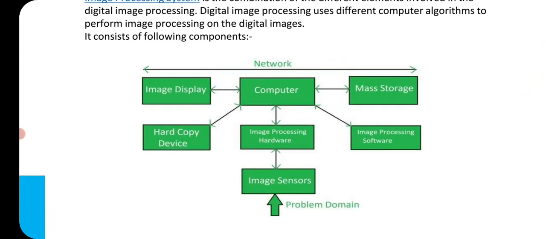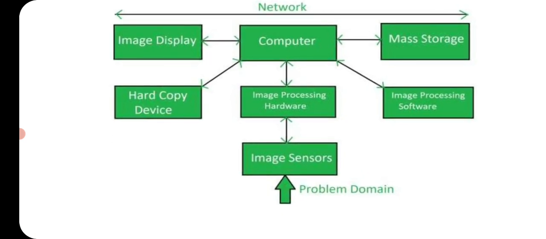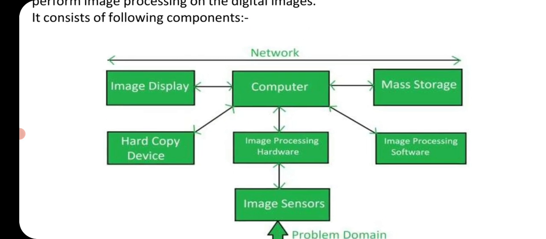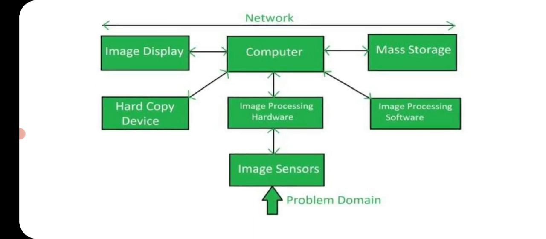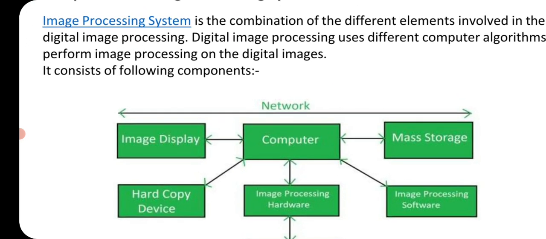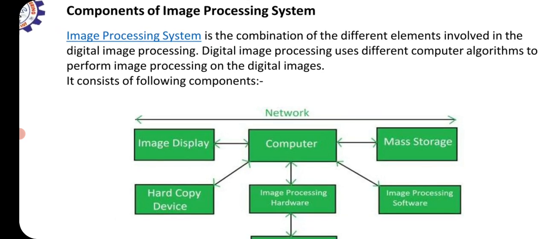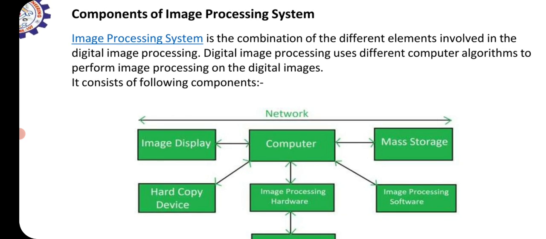It consists of different components: image display, computer, mass storage, hard copy device, image processing hardware, image processing software, and image sensors. So these are the components which are used.